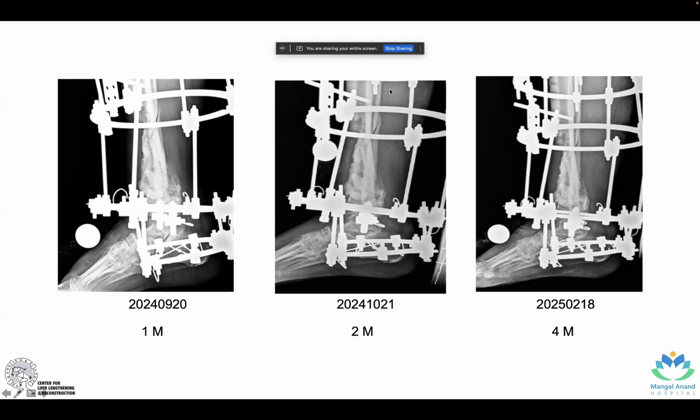Sir, I have a question. Do you think in these cases putting a cement spacer improves the healing potential of the bone when you put the grafts later, like a Masquelet? Yes, could be. But in Masquelet itself, my success rates have been a little variable.